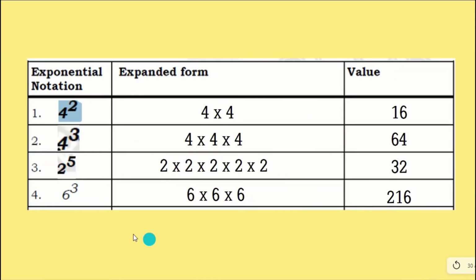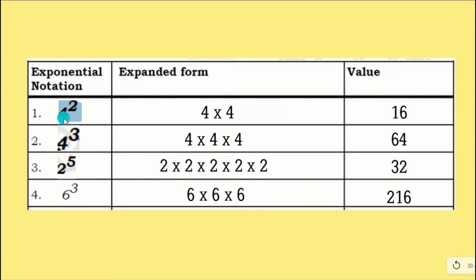Now, if we do this in a table form, this will be the result or the look of it. So this is the exponential notation or exponential form of the examples that I have mentioned earlier. This is the expanded form and these are the values.